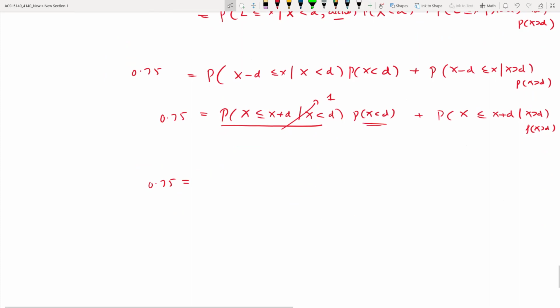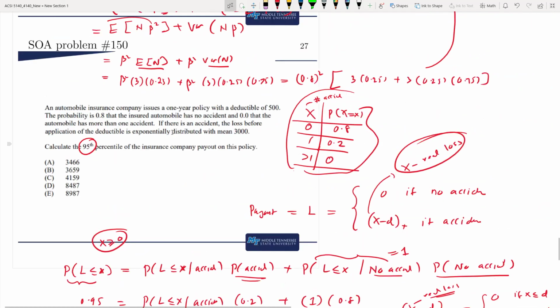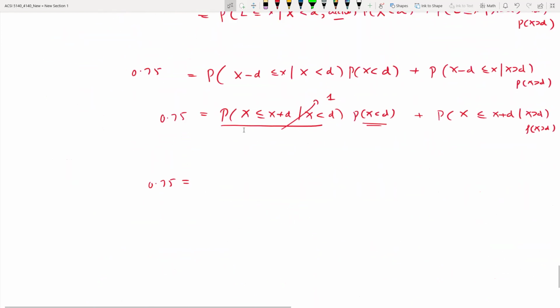If you read the problem, it says if there's an accident, the loss before application of the deductible is exponentially distributed with mean 3000. So X is exponential with mean 3000, and this is going to be e to the power negative d over 3000. This one.